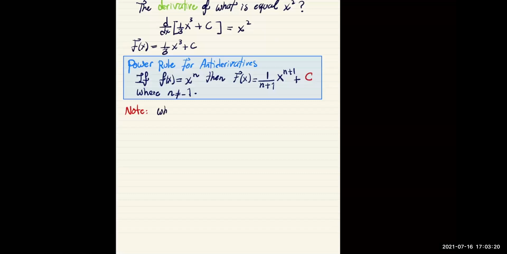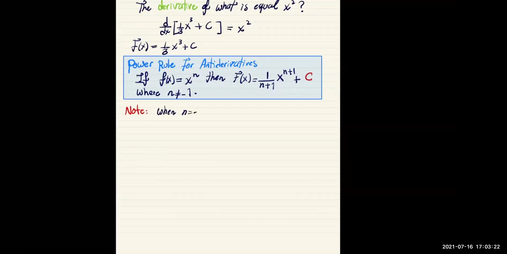Yeah, see, when n is -1, our function f of x is x to the -1, or 1 over x. This function 1 over x is a special function that will be studied in calculus 2. So this has a special antiderivative, meaning that basically the power rule does not apply.